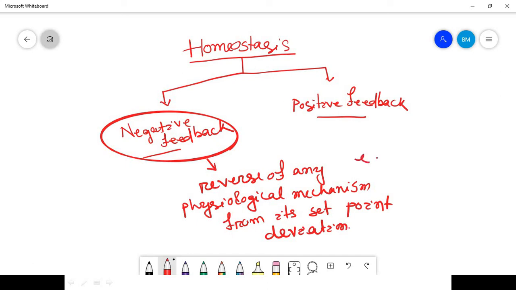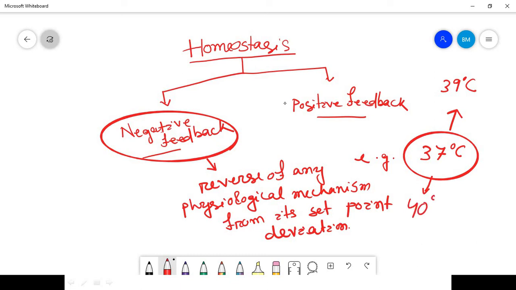The example is, the body temperature is 37 degrees Celsius. When temperature increases, the value increases to 39 degrees Celsius or maybe 40 degrees Celsius. At that point, what does the body do?